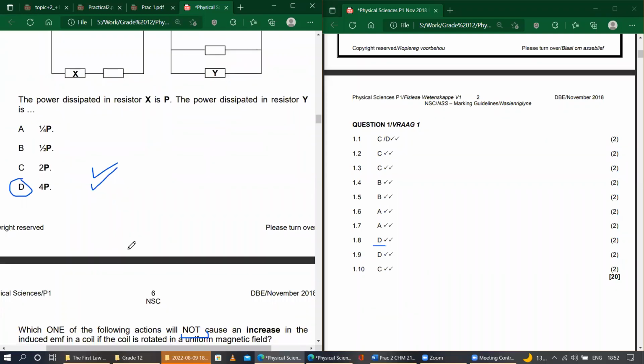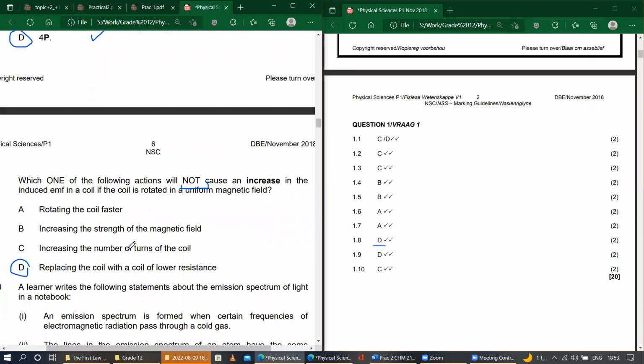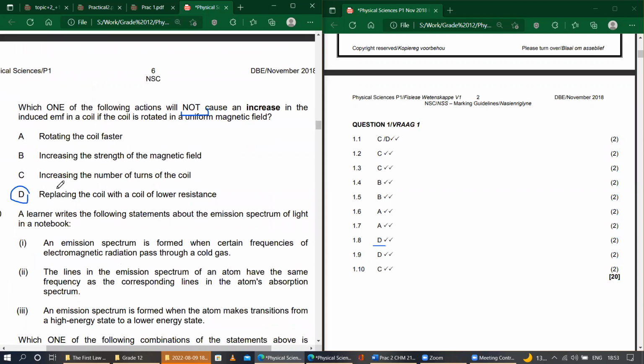Anyway, it looks like you know your stuff, to be honest. You know which properties do and don't affect the EMF, because here you say replacing the coil with a coil of lower resistance. So that's also correct, because the number of turns do increase the EMF.